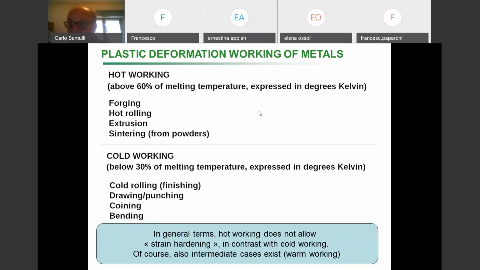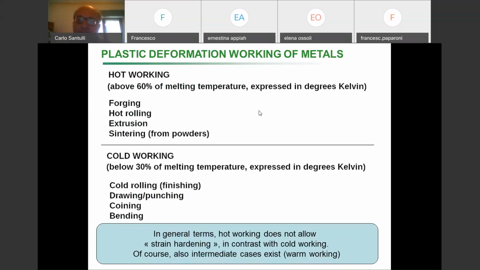In cold working, well, strain hardening exists, of course. Nails are a good example because nails are heated up a bit by the action, not much, a few degrees. And in fact, it's a kind of cold work. Of course, most operations of cold working are much lower in terms of temperature.